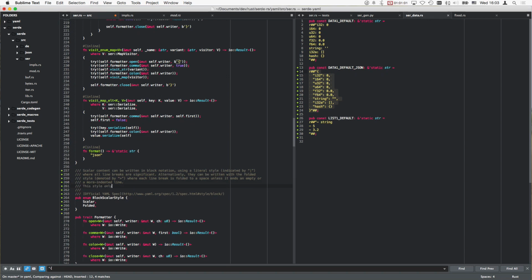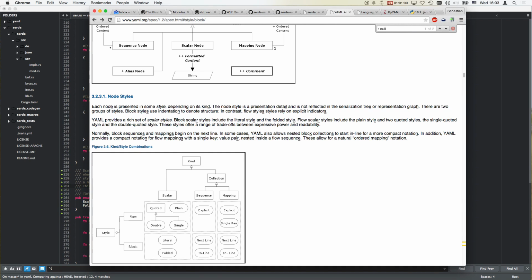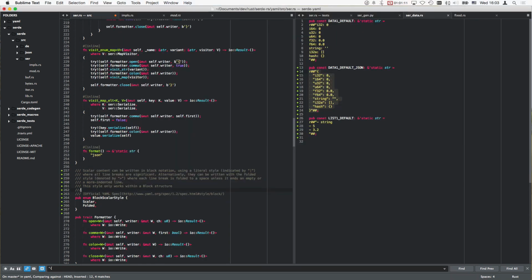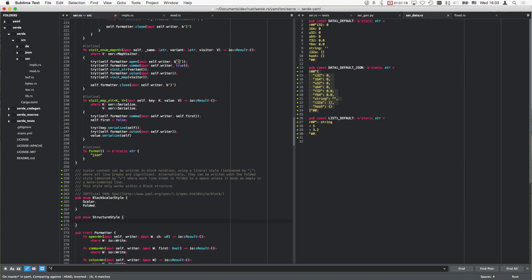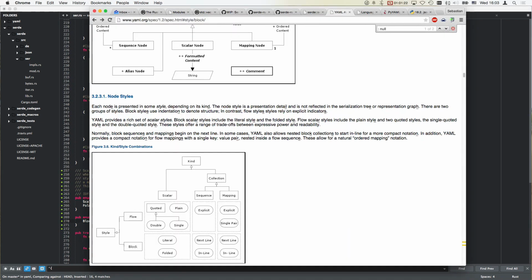This style only works within a block structure. So pub enum structure style. So it would be block or flow, huh?